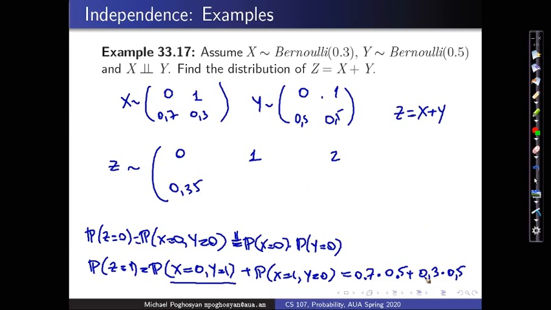So this will give 0.5. Well, I can also calculate this by using 1 minus the sum of the others, and that will be 0.5.